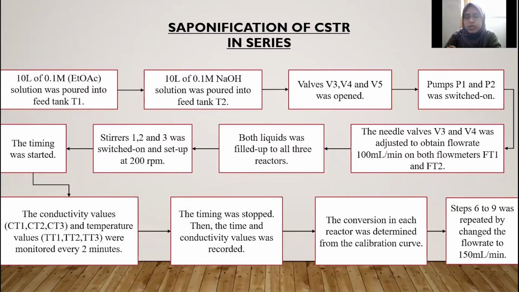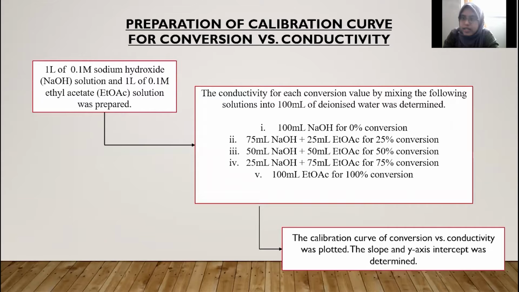How do we conduct the preparation of the calibration curve? First, we must prepare 1 liter of 0.1 concentration sodium hydroxide and 1 liter of 0.1 concentration ethyl acetate. Then we prepare these 5 solutions, and we mix them into 100 milliliters of deionized water.